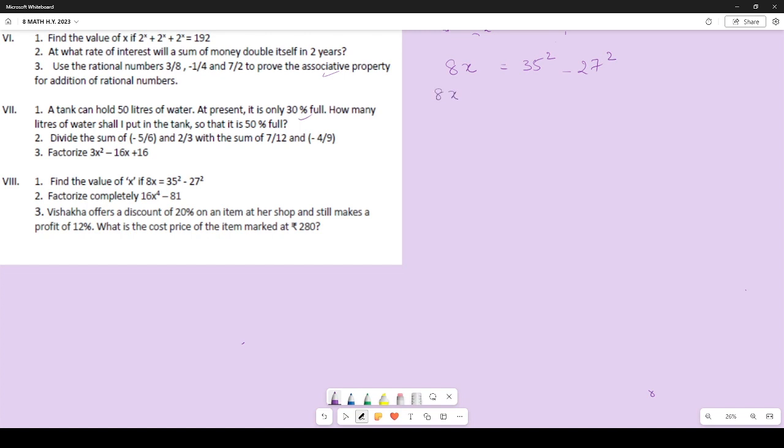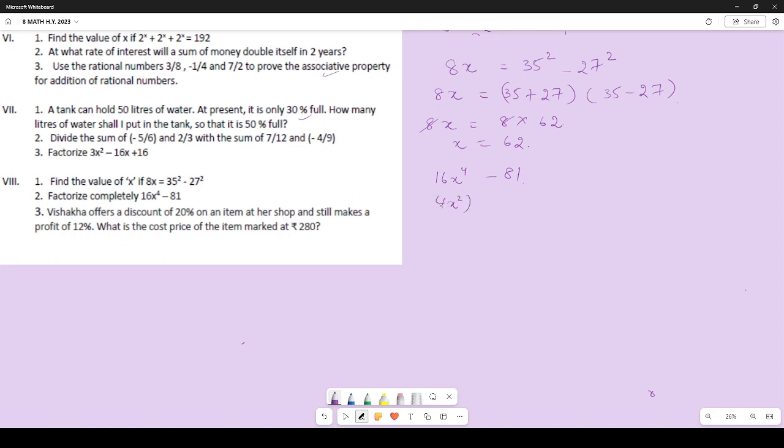So remember, a square minus b square is a plus b into a minus b. So 8x is equal to 8 into 62. So over here 8 and 8 get cancelled and you get x equals 62. As simple as that.